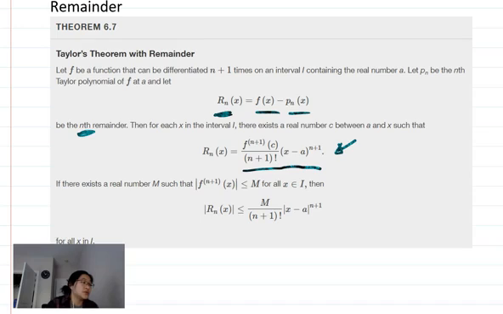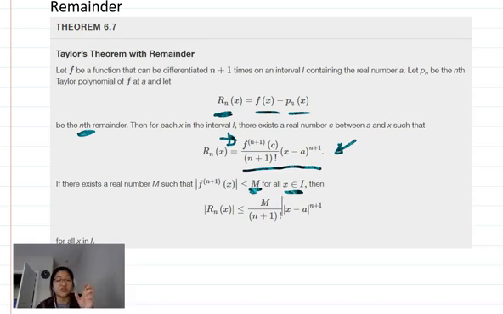So in math, we like to have things that are bounded by M's. I don't know why, but capital M is one of the favorites. So we're going to have a bound on what the value of this remainder is going to be, for all of our x values on an interval where this is going to work.